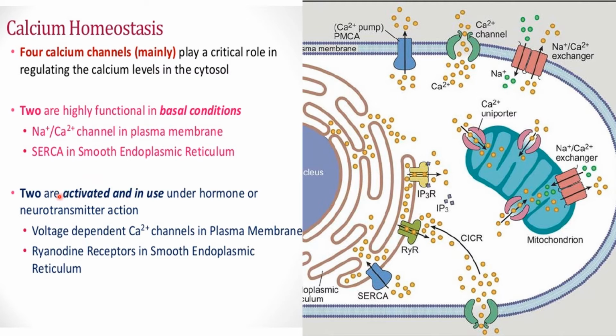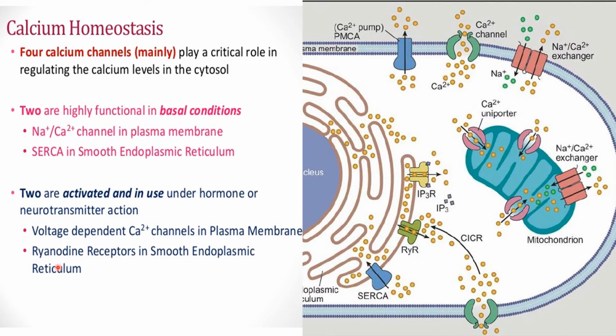Next, two are activated and used under hormone or neurotransmitter action. Two types of calcium channels: number one is the voltage dependent calcium channel in the plasma membrane, which works depending upon the voltage.